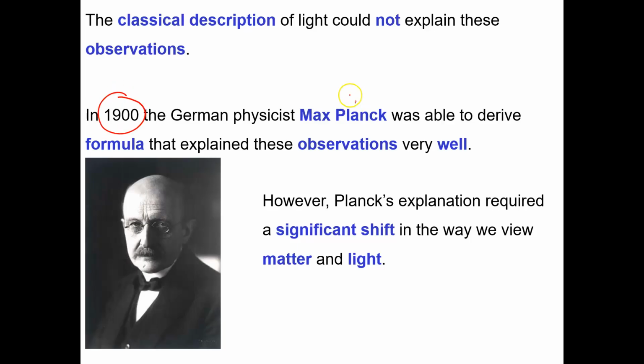And a guy called Max Planck, and we're going to hear a lot about Planck because we're going to be using a constant that he derived, was able to come up with a formula that explained the shape of the black body curve very well. However, you had to make some assumptions that people weren't altogether comfortable with.